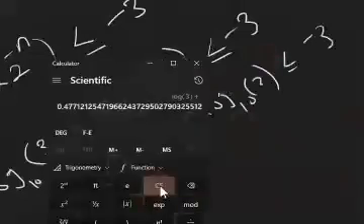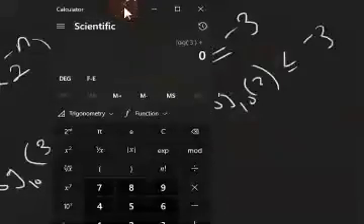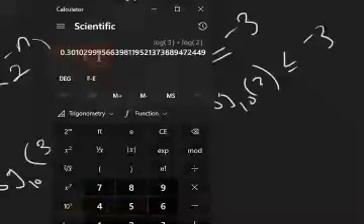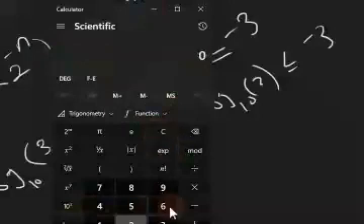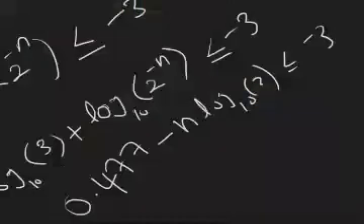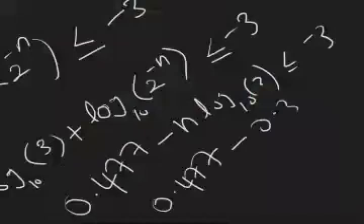Let's clear this. Log of 2, which is approximately 0.3. So 0.477 minus 0.3n is less than or equal to negative 3.